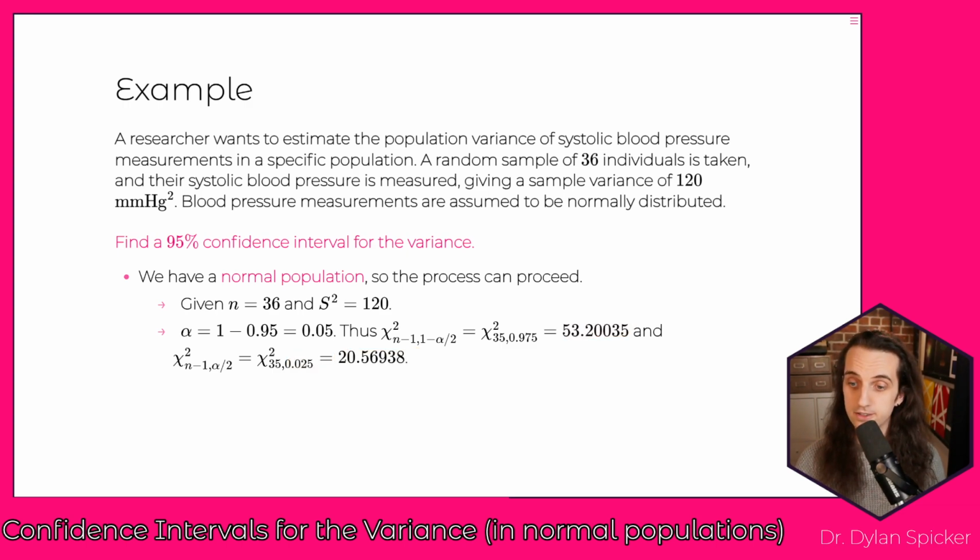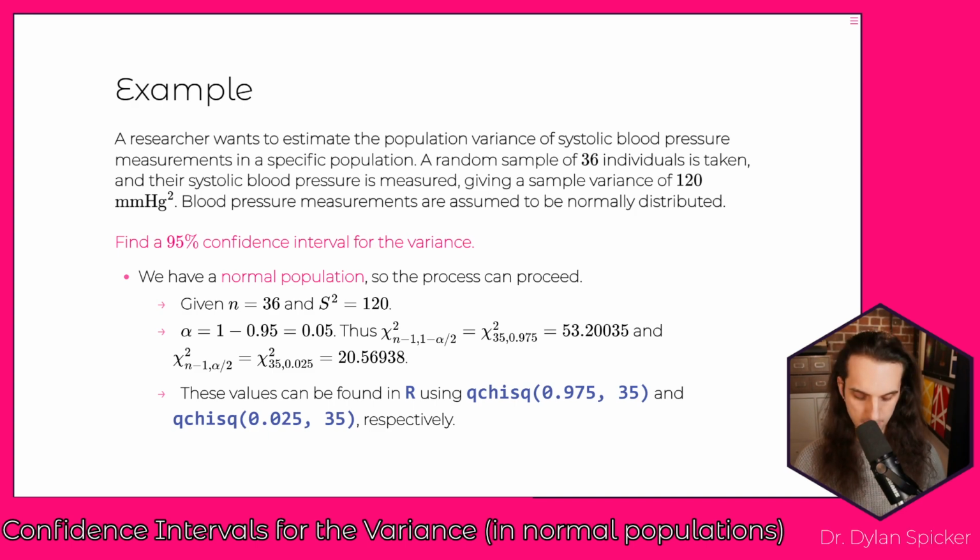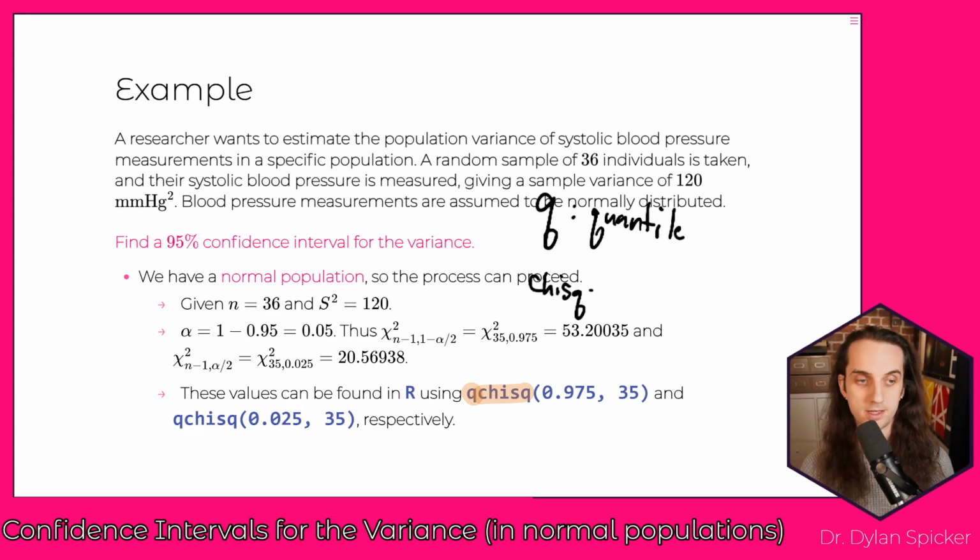And so in this case, we can see that these are not symmetric critical values, right? If we actually want to get them, we can use R, and in R, we can call the qchisq function. The q is standing for the fact that we want the quantile, and the chisq tells us that we want the chi-square distribution.